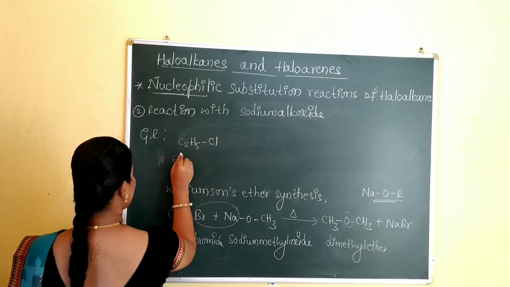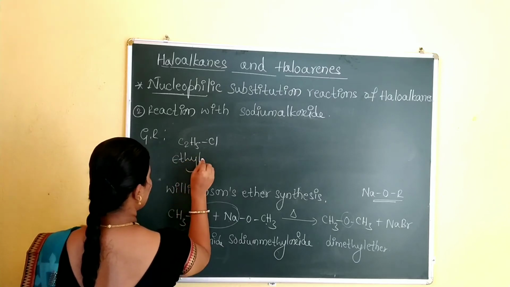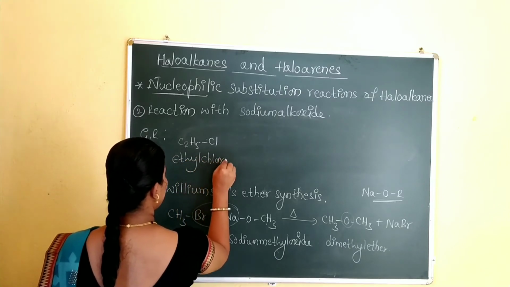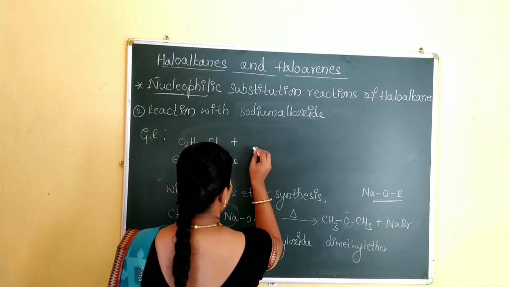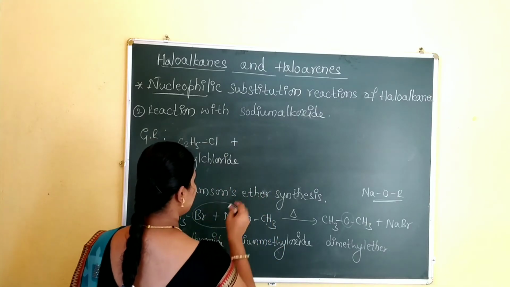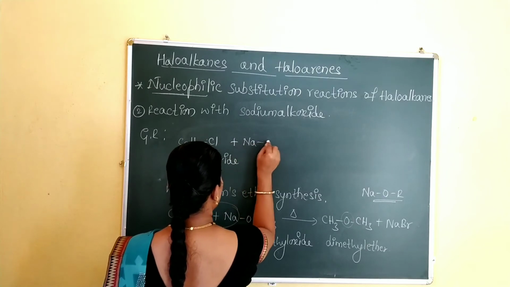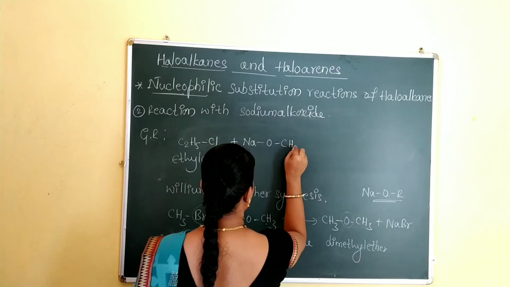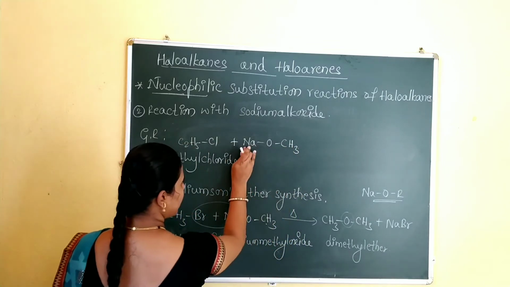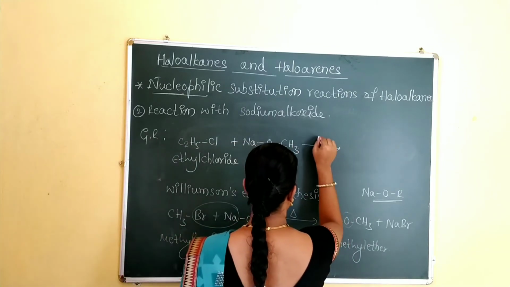This is ethyl chloride. Okay, when it is heated with sodium alkyl oxide, I will take the alkyl group here as CH3, methyl group. Sodium methyl oxide.